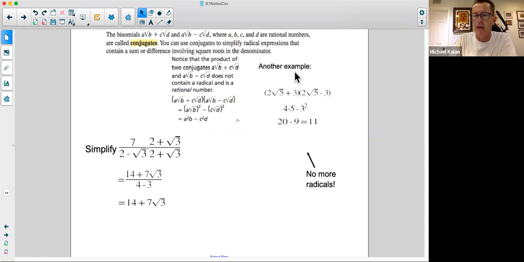Outside would be negative 6 root 5, inside would be positive 6 root 5. Those cancel, like we've always seen when we multiply conjugate binomials. Then 3 times negative 3 is minus 9. That's 11. No more radicals in the denominator, which is what we care about.